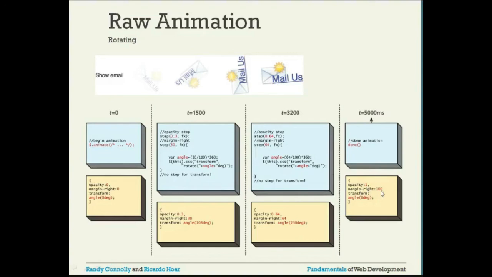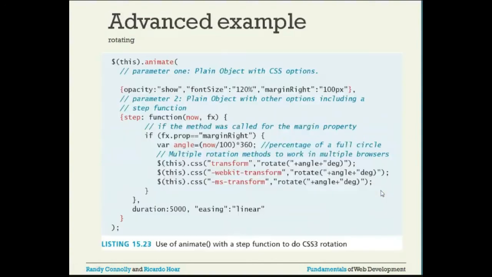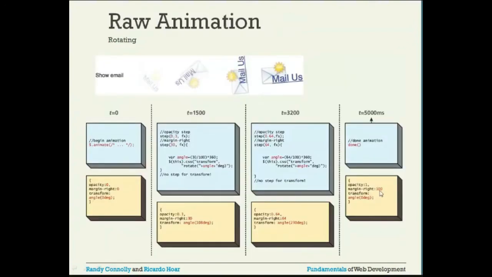This is the final state: opacity show, font size 120%, and margin right is 100 pixel. So margin is 100 pixel, angle is 0 degrees, opacity is 1. That is the final status. The opacity will keep on increasing and the angle will keep on increasing, so that it gives the feel of making one complete rotation in 5 seconds.